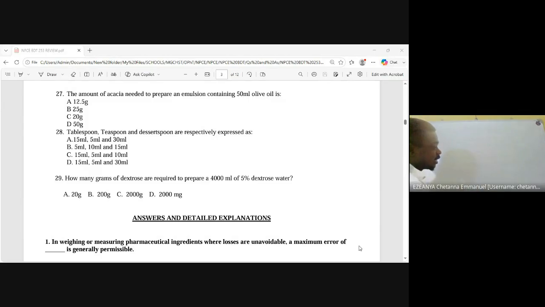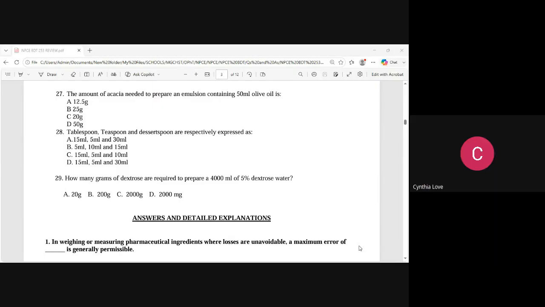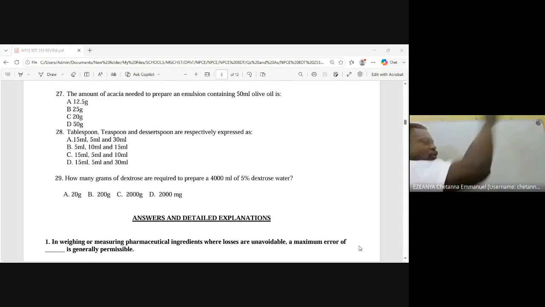Is it in mL or in gram? Did you see ointment at all when you were doing your CWES? Sir, it's gram. Good. So the entire product is in gram.